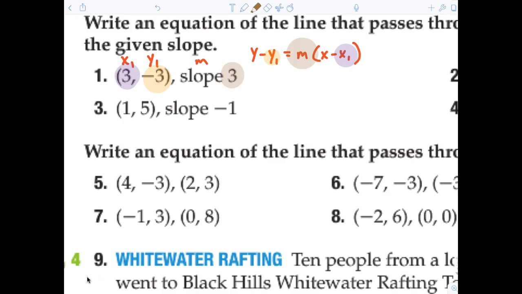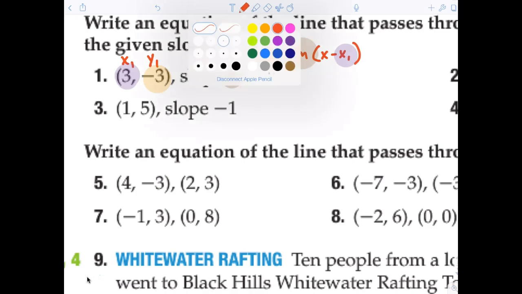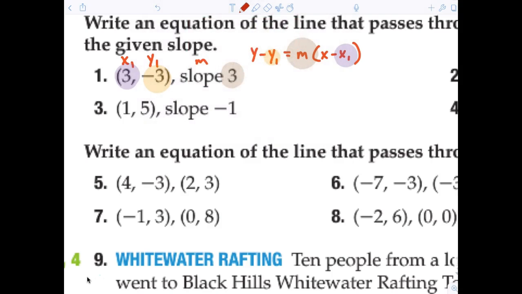Everybody see that? Now watch. All you have to do is rewrite it. When we rewrite it, it's going to be y minus negative 3. And what's y minus negative 3? Plus 3. So y plus 3, what's the slope? 3, open parentheses, x, what's the x?